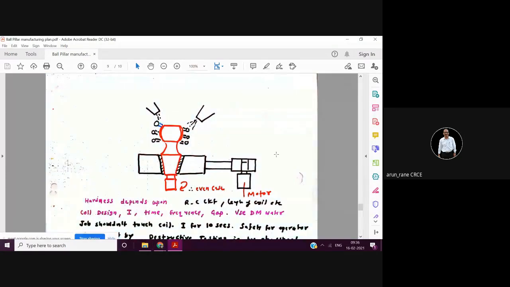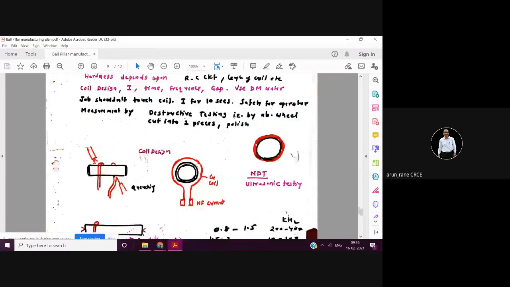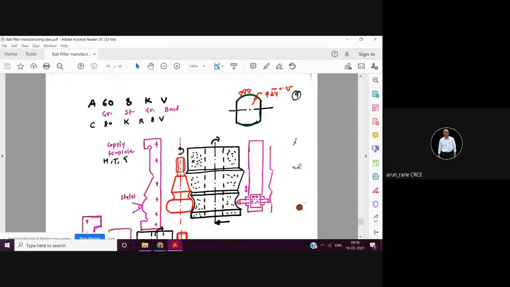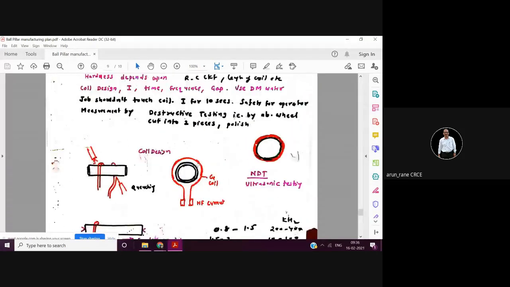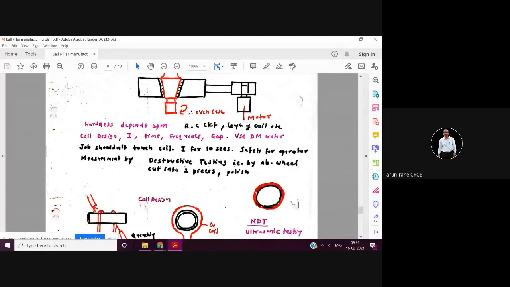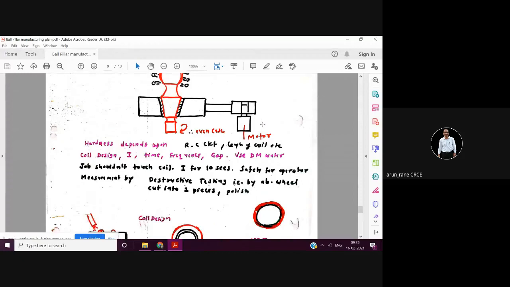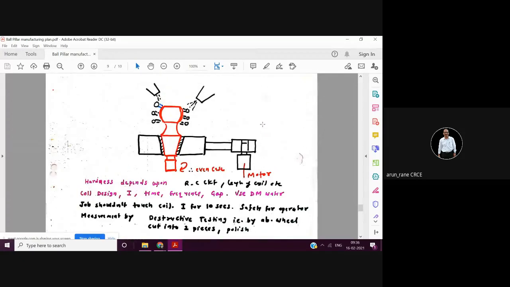So now let us see how the setup of induction hardening is. In induction hardening, the most important thing is the design of the coil, and where you have to do the induction hardening.